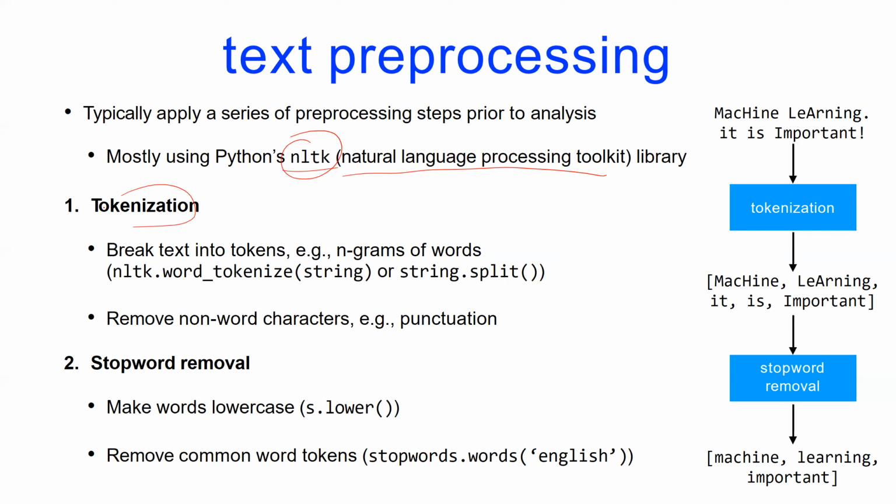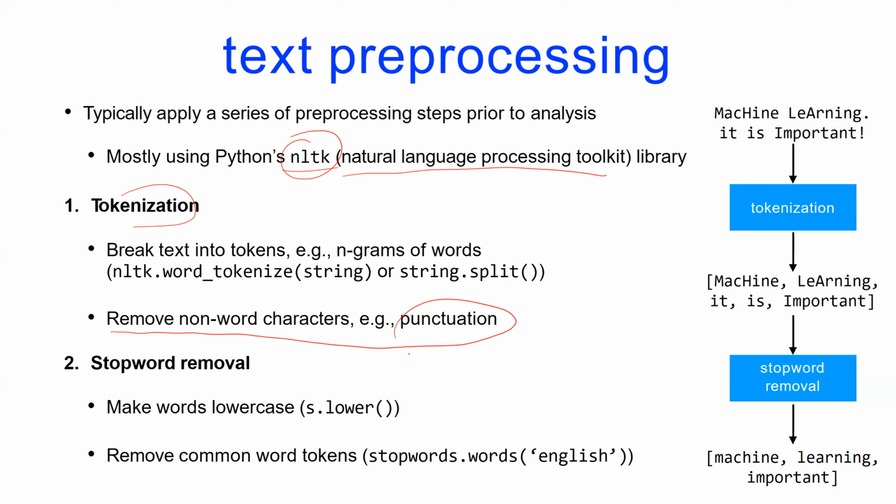Basically, you need to split your document into a lot of small tokens, and then typically we remove those non-word characters like punctuation, commas, and full stops during this tokenization stage.